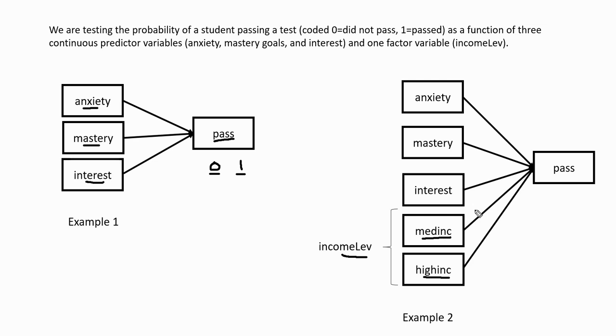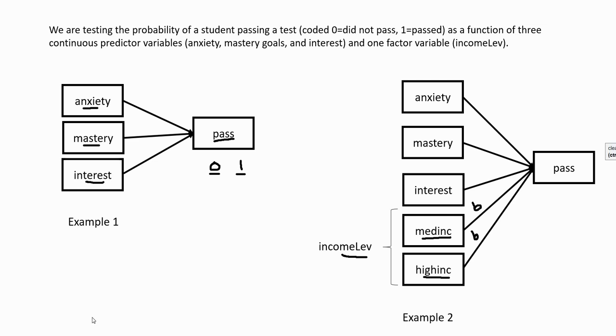What that's going to mean in terms of interpretation of the regression slope for the medium income variable is that it reflects the difference in predicted logits between the low income and the medium income groups. And then the regression slope for the high income predictor is going to reflect the difference in predicted logits between the low income group and the high income group.